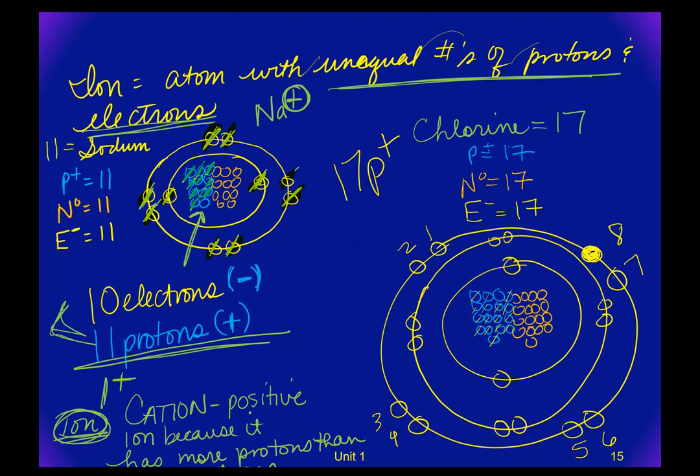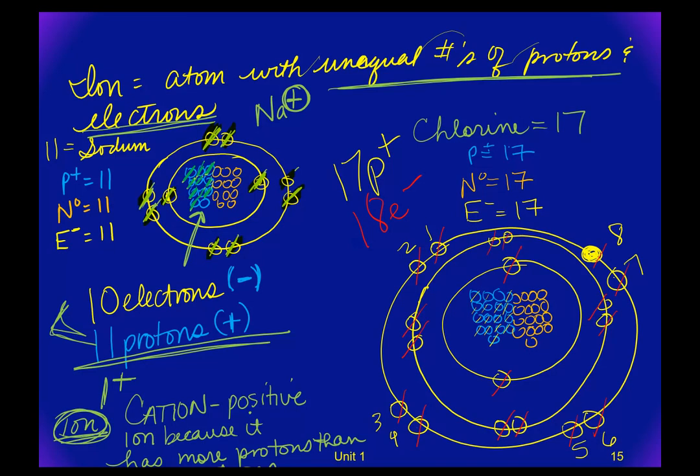How many electrons do I have? 1 through 18. I have 18 electrons. So 17 protons, 18 electrons.